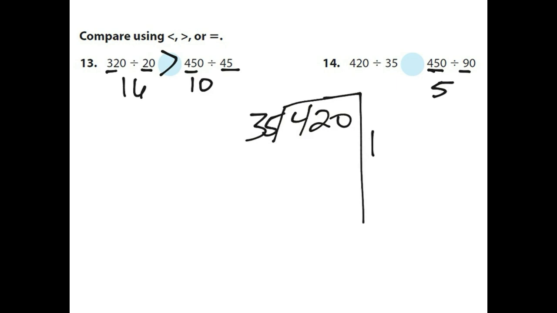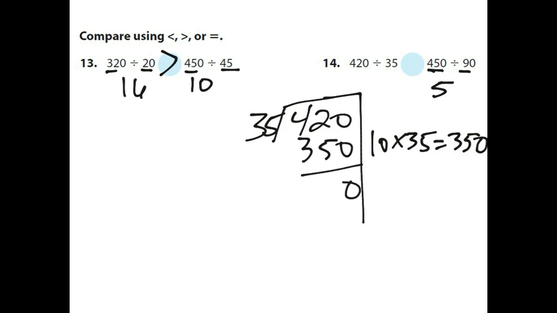So, get 10 times 35, 350. Then 2 times 35 is 70, isn't it?